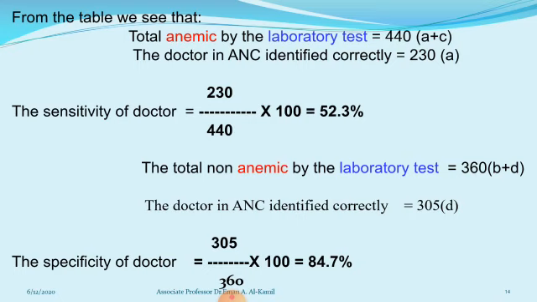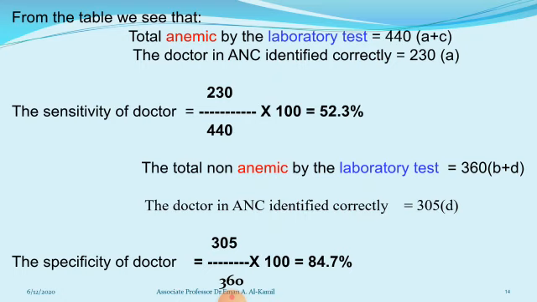So the sensitivity equals A, which is positive by both, divided by those who are positive by the standard test, which is 440, which includes A and C, multiplied by 100. So the sensitivity equals nearly 52%. So as a doctor, he has low sensitivity in screening pregnant women, so he is less likely to diagnose anemia among anemic women.